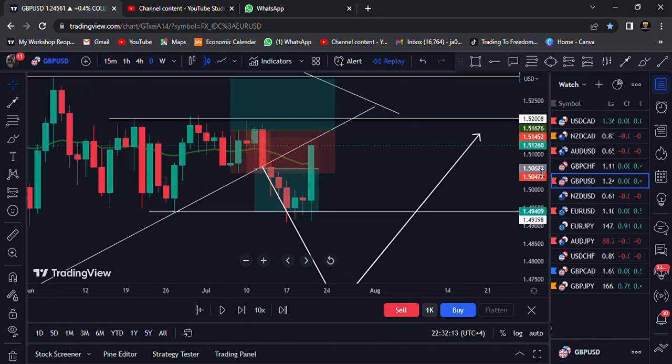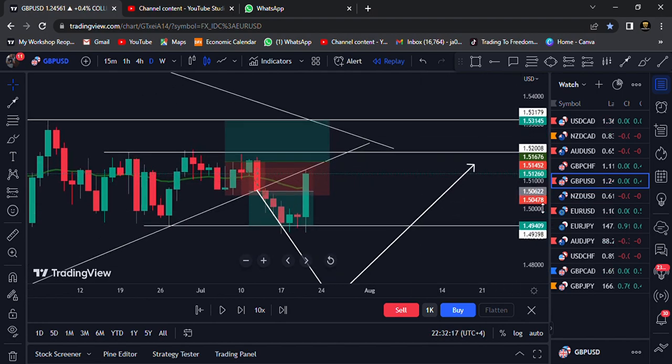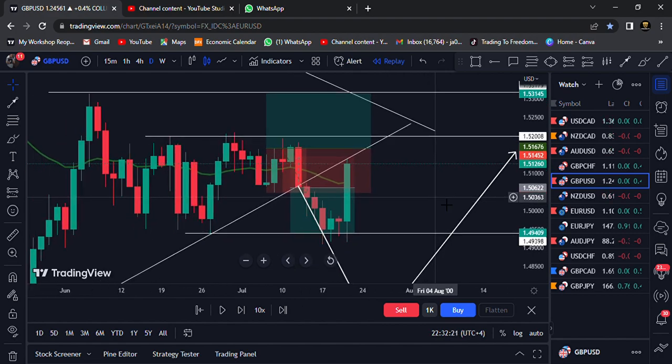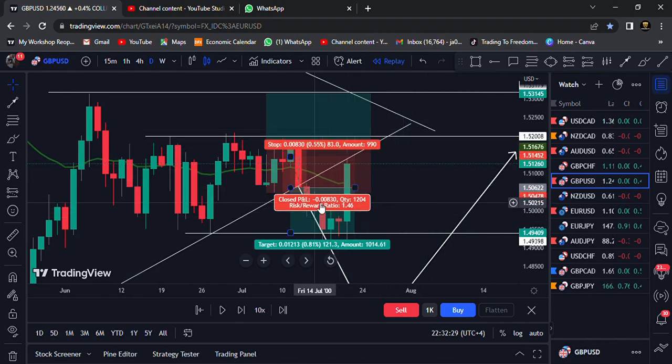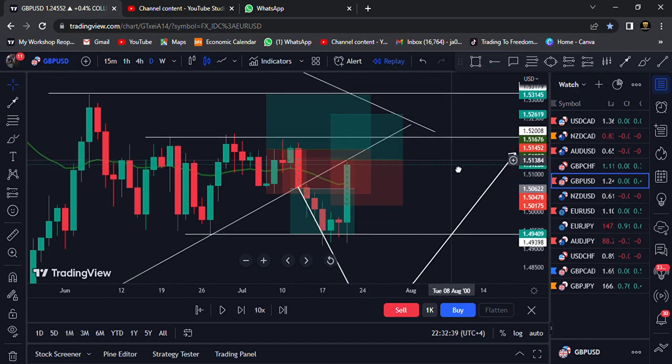So actually it went crazy, price went crazy after that. Then we now go with our third trade, guys. This is our third trade, which is a buy, because we got a buy confirmation here. And let's go for it. This one now, it's the profit trade.